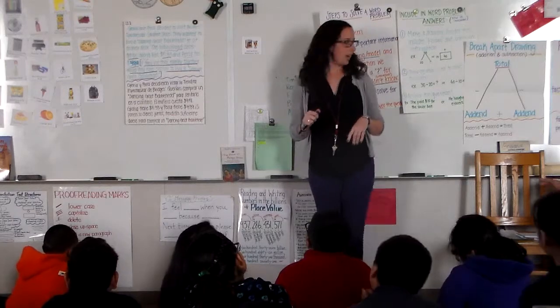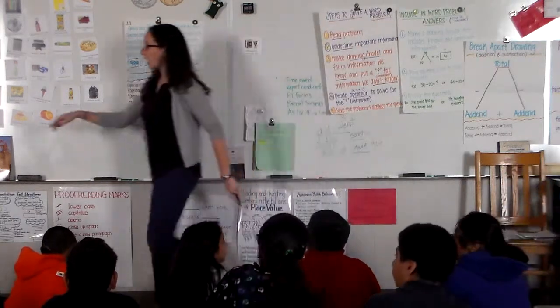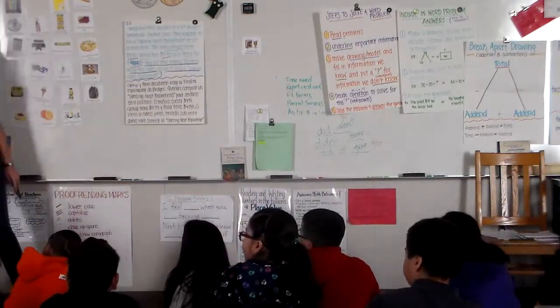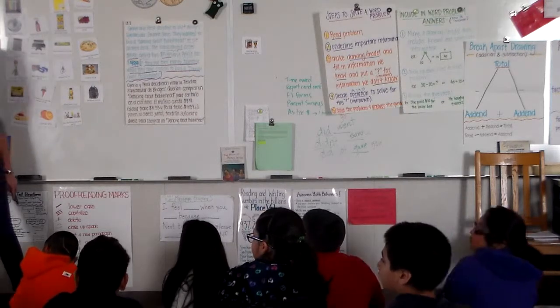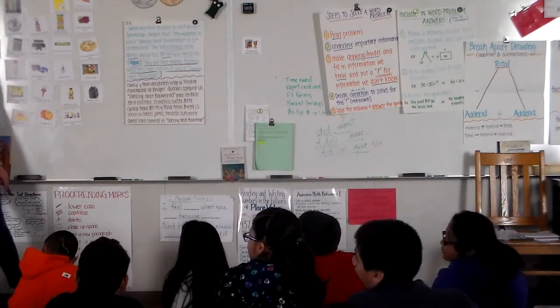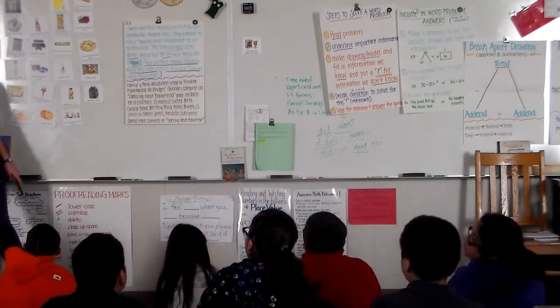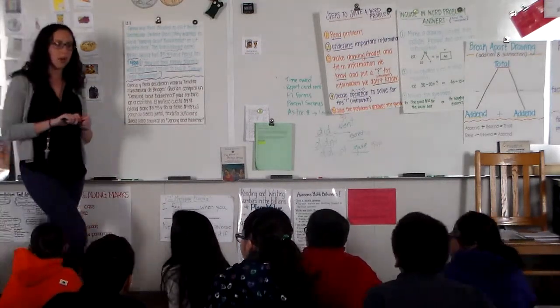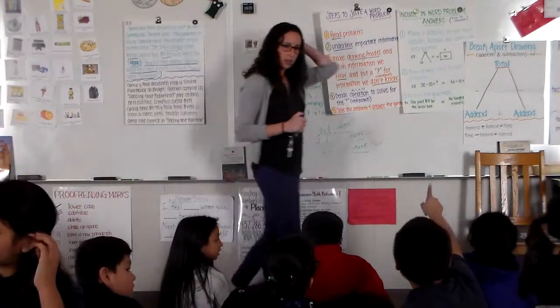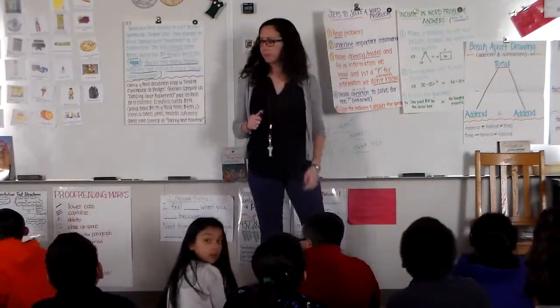Turn to your partner and use this: The operation needed to solve this problem is blank. I know this because blank. So go ahead and talk about what operation you think they need.